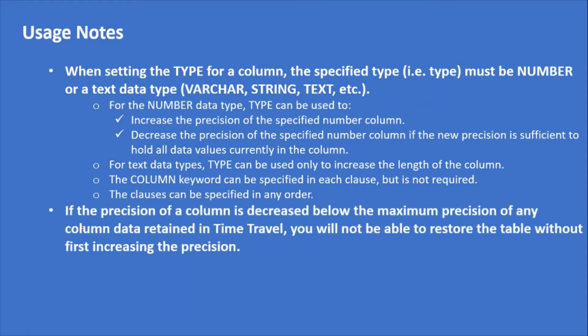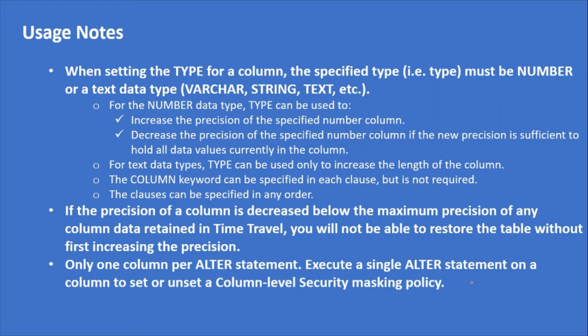Now, if the precision of a column is decreased below the maximum precision of any column data retained in time travel, you will not be able to restore the table without first decreasing the precision. So changing the precision for a column basically impacts the time travel feature.